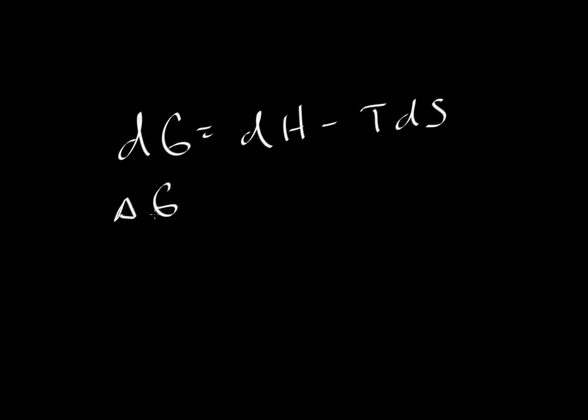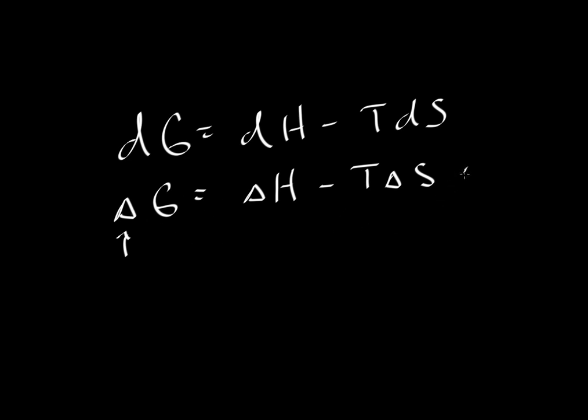So we have dG is equal to dH minus TdS. Or if we want to write it using the delta notation, if we have finite, measurable differences in enthalpy, then we would have delta H minus T delta S giving us the change in Gibbs free energy. So this is a way of talking about changes in Gibbs free energy.